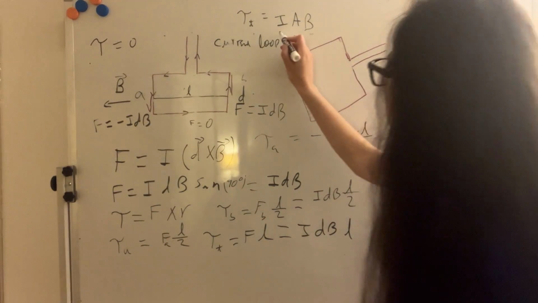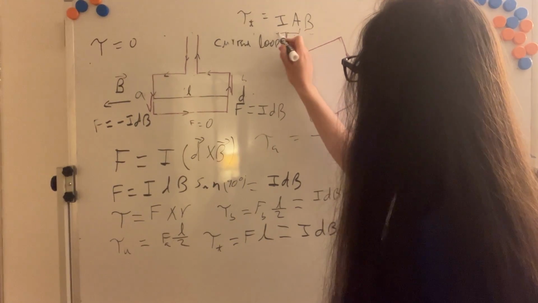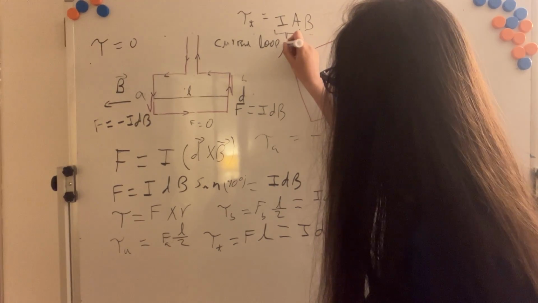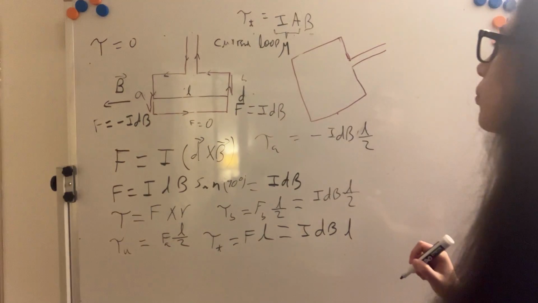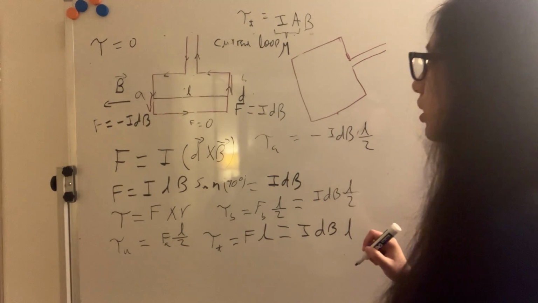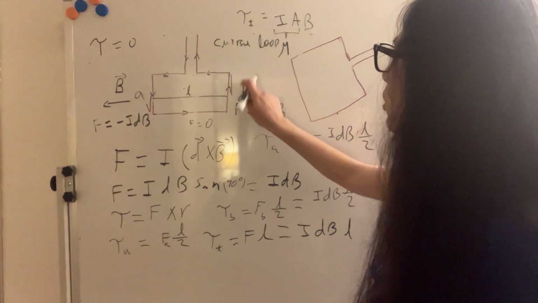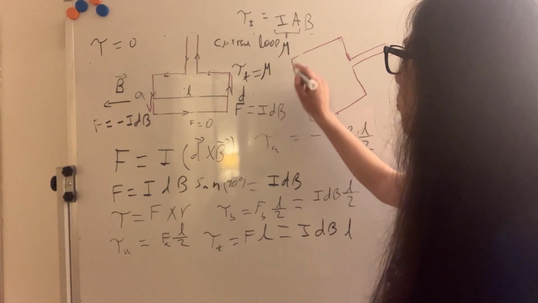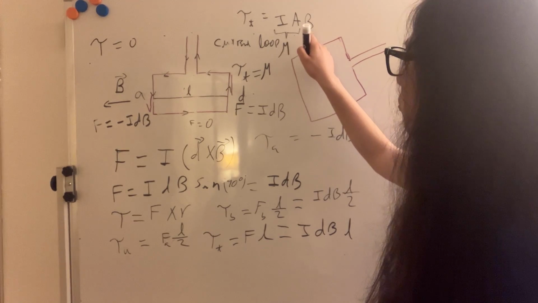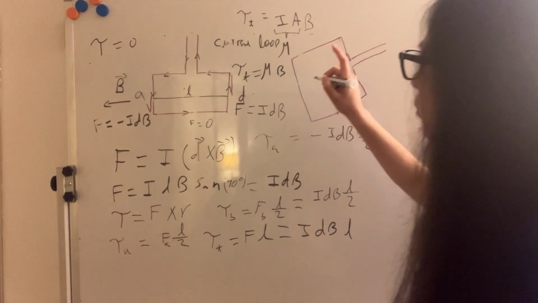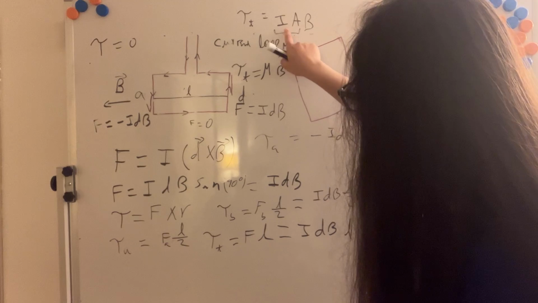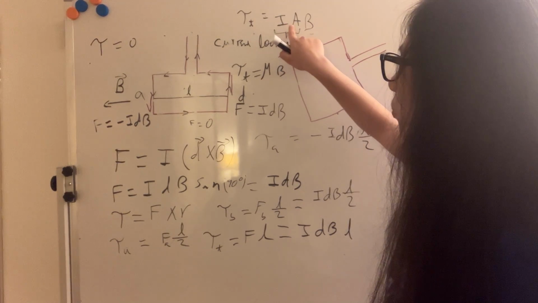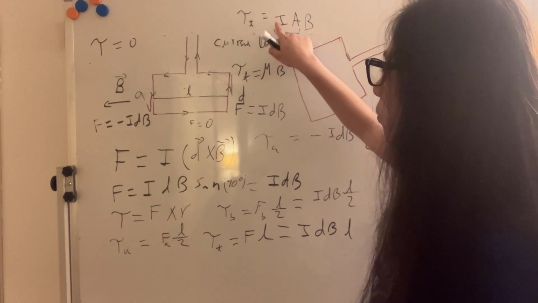We would call this quantity, the current and the area of the current loop, mu. This mu is called the magnetic dipole, and so the total torque is the magnetic dipole times the magnetic field. Look here, this is the area multiplied by the current.